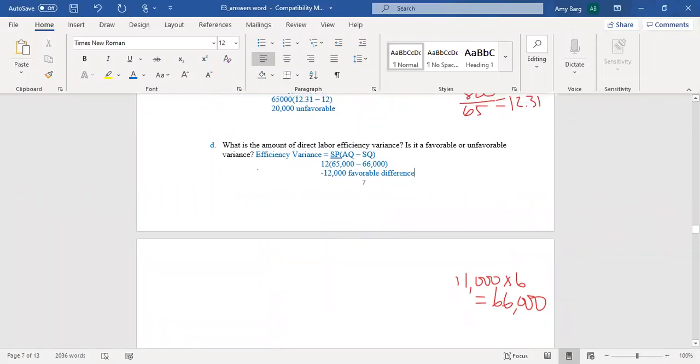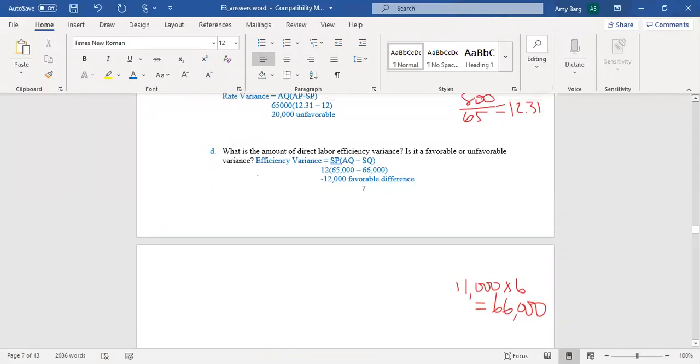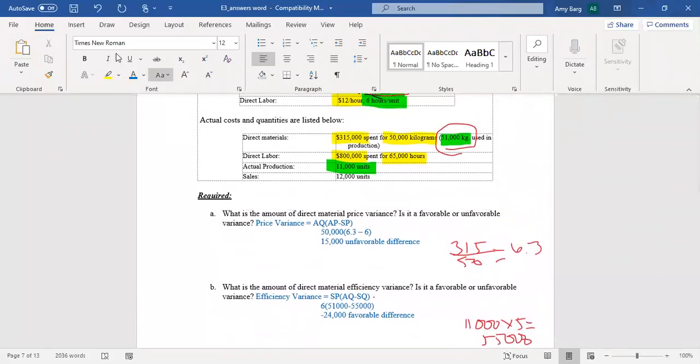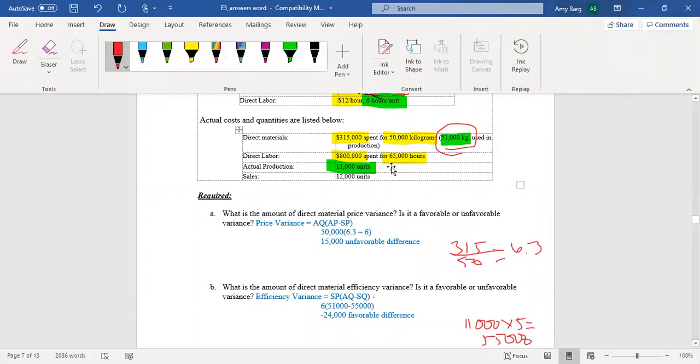Regardless of how many units you make, it should only take 6 hours per unit. So we made 11,000 units, and it should take 66,000 hours. But in reality, up here, it says it only took 65,000 hours. So we're trying to figure out if that's a good thing or a bad thing, and that's why we do the variance this way.